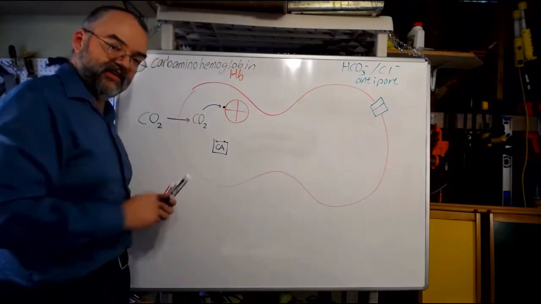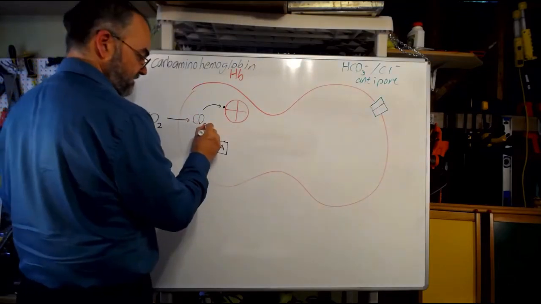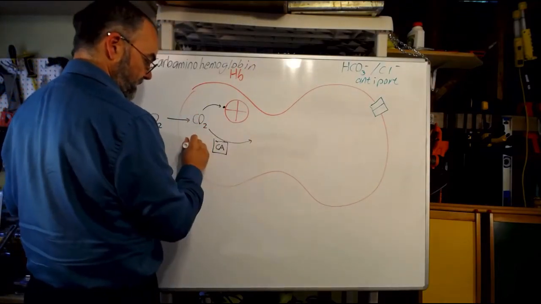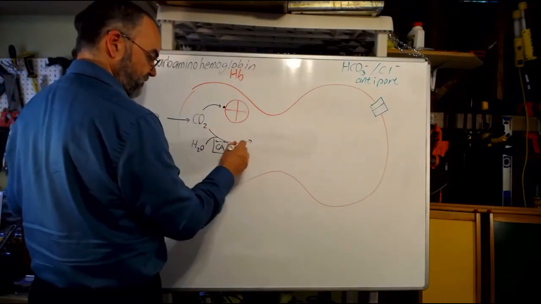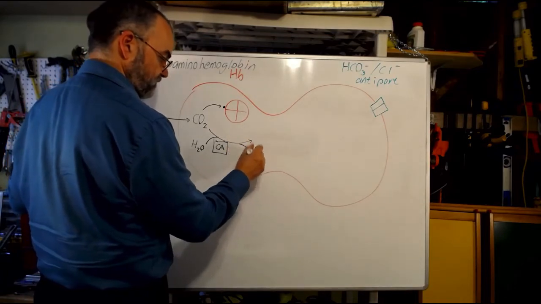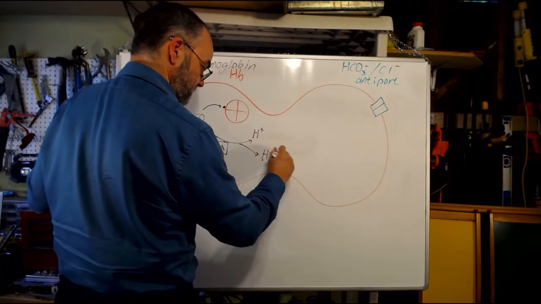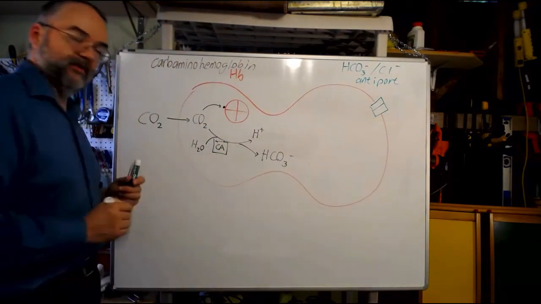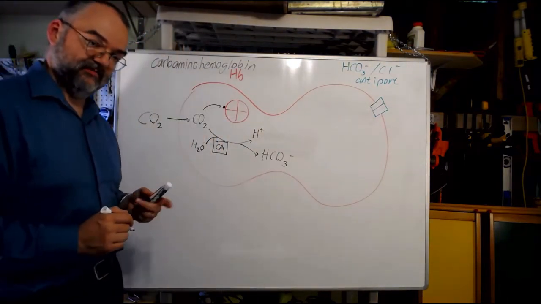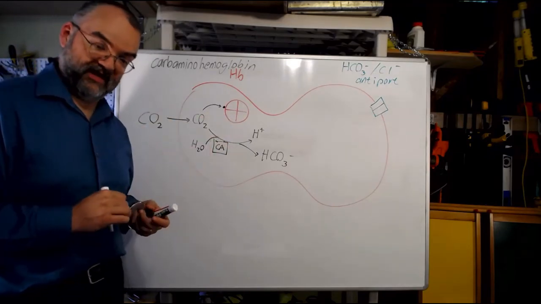The other thing that can happen to carbon dioxide is that it can react with water to form two things: a proton and bicarbonate. That was the part of that bicarbonate buffer reaction.